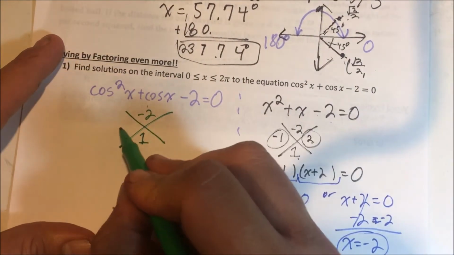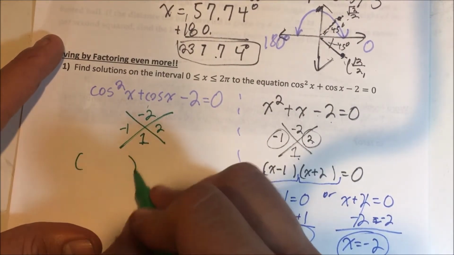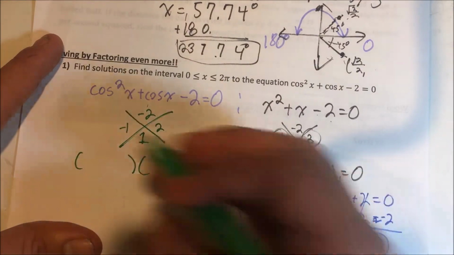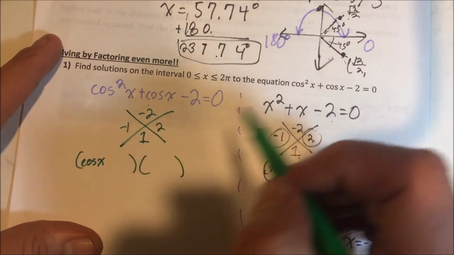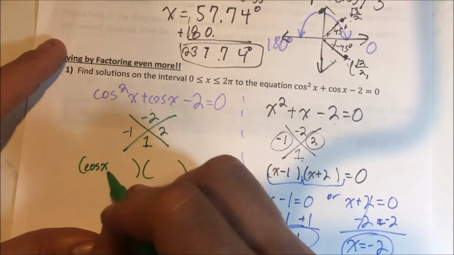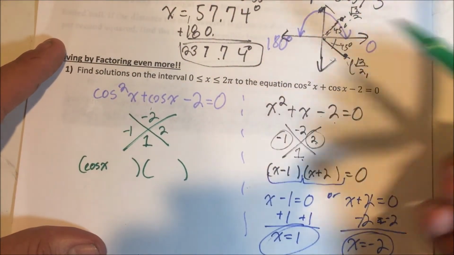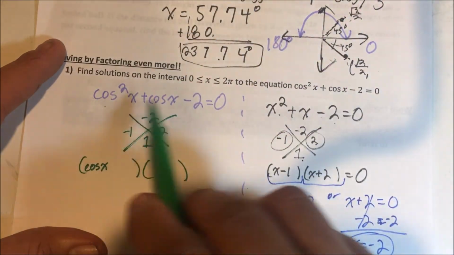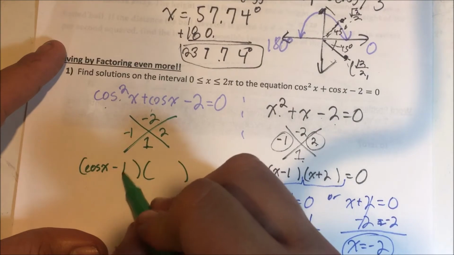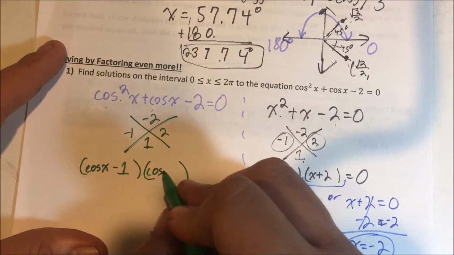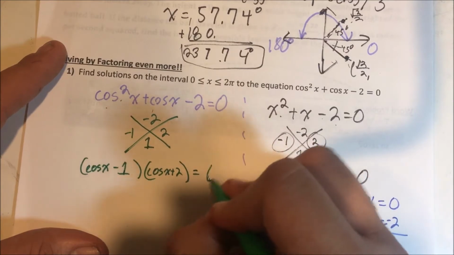We know that's 1 and 2, except this time, instead of writing x here, we're just going to write cosine of x, because that's what's standing in for x there. Remember, x is just representing some number or some sort of symbol, and in this case, you can think of x as cosine of x. Cosine of x minus 1, cosine of x plus 2 is equal to 0.